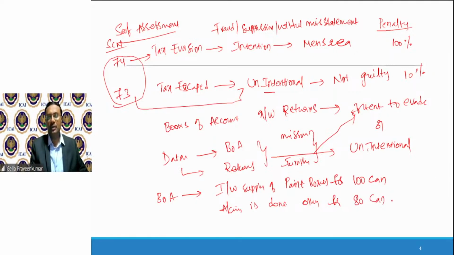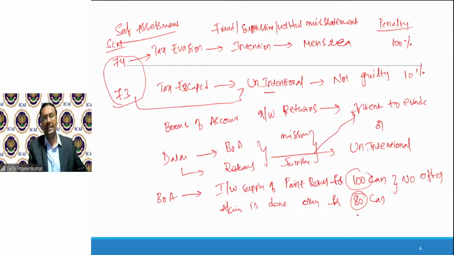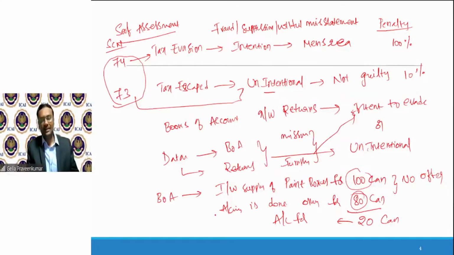Assuming that there is no offer. Now, what happened here? The supplier supplied 100 cans, but he billed only for 80 cans. I also know that I have received 100 cans. I have accounted only 80 cans. What happened to the balance 20 cans? These 20 cans have not been accounted for. Why? They wanted to sell them as an unaccounted transaction. This is tax evasion, and intent to evade payment of tax comes into the picture.